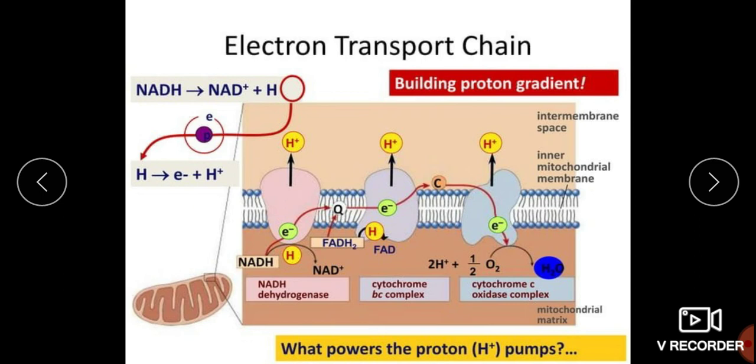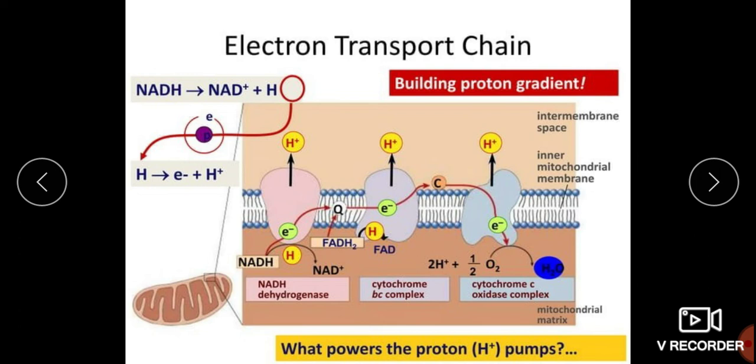Now, the electron transport chain, as said earlier: the hydrogen molecules released from different metabolic pathways like the EMP pathway or the TCA cycle, this hydrogen or electron gets transferred through a number of carriers which are situated in the inner mitochondrial membrane, and all these carriers together are called the electron transport chain.